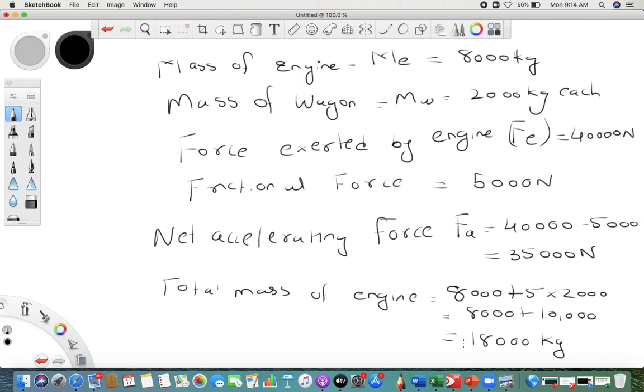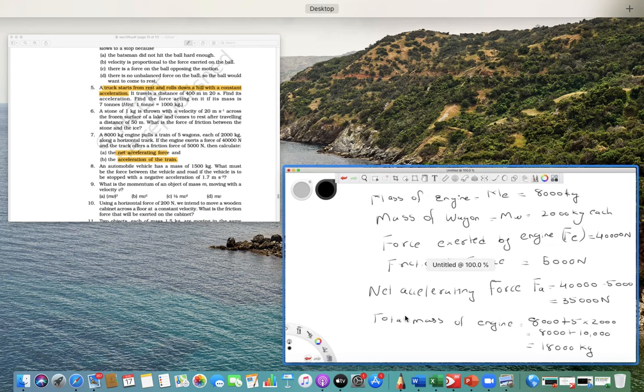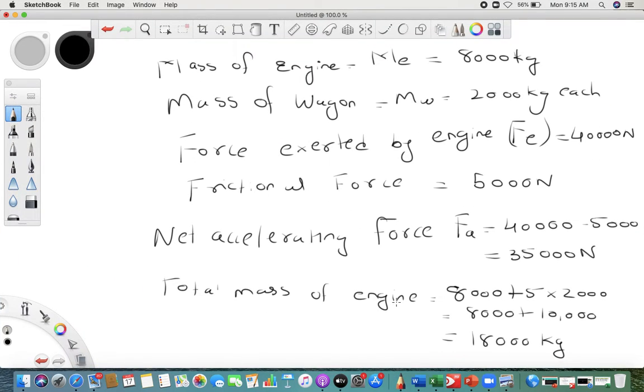The next thing we are going to find out is the acceleration of the train. So now F is equal to ma.